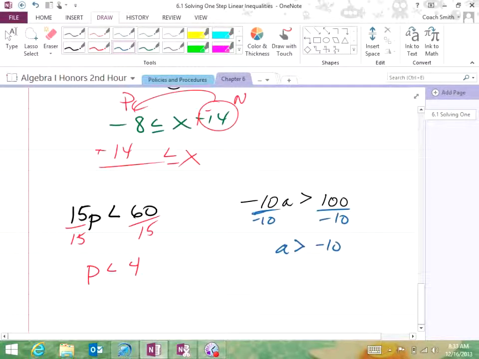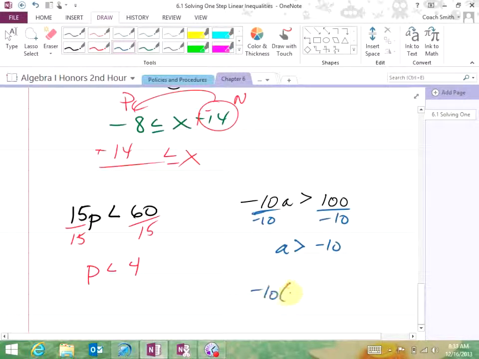So, Matt Shelton, give me a number that's greater than negative 10. Okay, negative 9. So let's plug that in and see if it works.